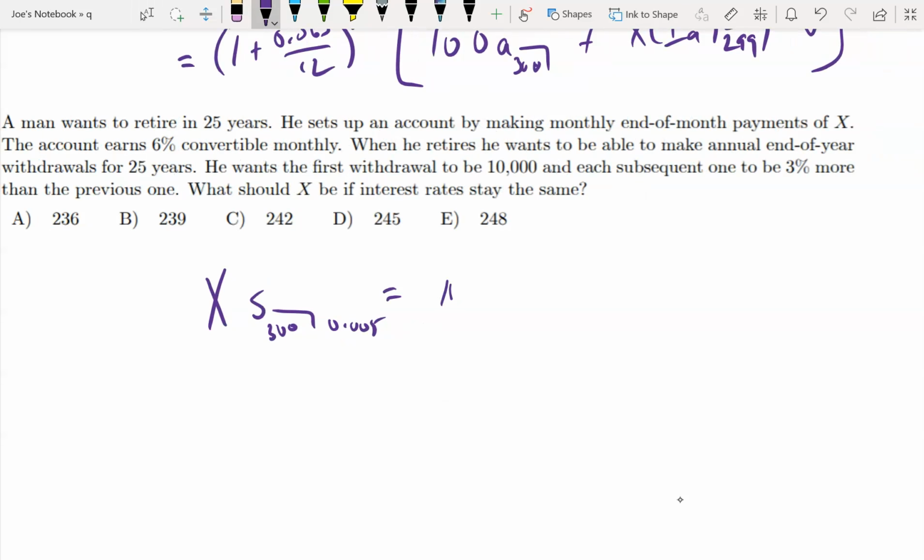I've got to take the 10,000, move it forward a month, take the 10,000 times 1.03, move it forward 2 months, and so on down the line. I'm sorry, not months, years, right? Because it's yearly? Yes. So this V is years, correct? It has to be in years because it's a yearly thing. And we're doing this for 25 years?